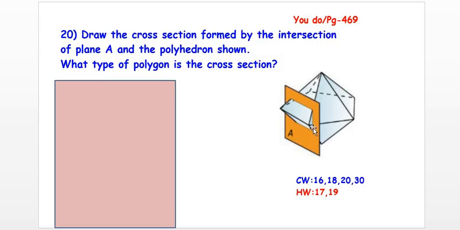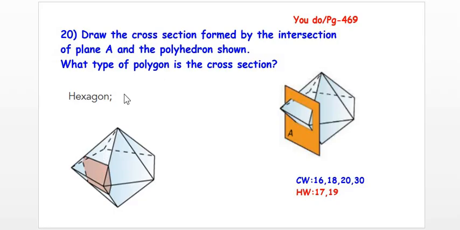Because you can see here one of the vertexes here, one of the vertexes here, and one of the vertexes here. So it's giving us a shape like a polygon. Let me show you. So here you can see clearly this is the shape, and it is like this. So this shape is a hexagon.